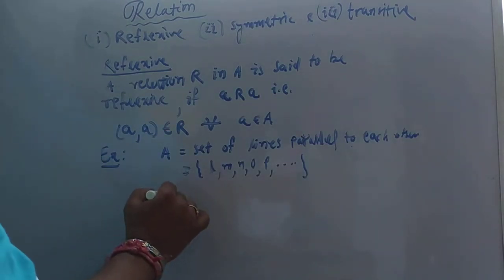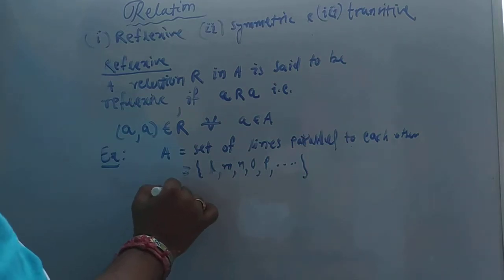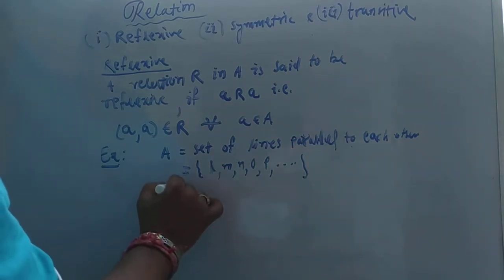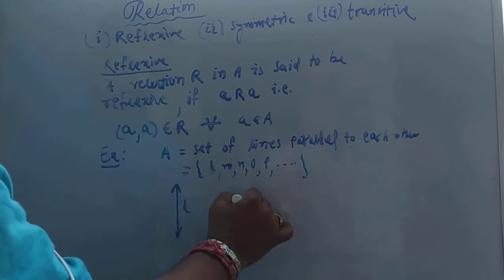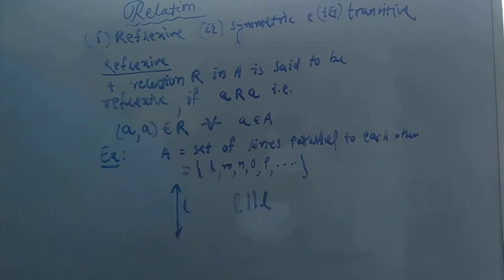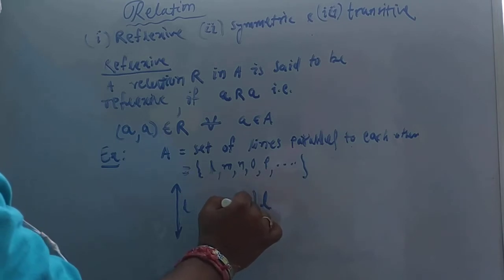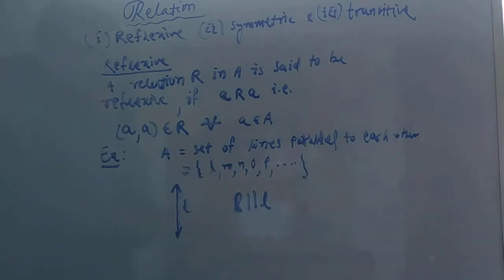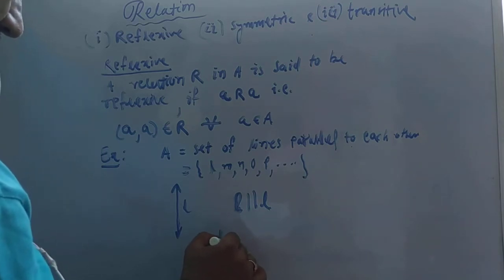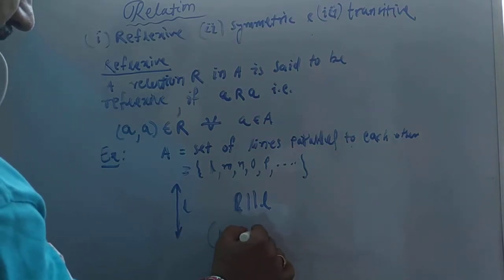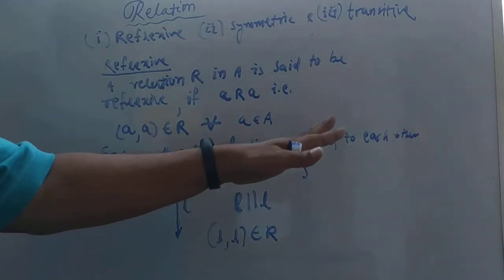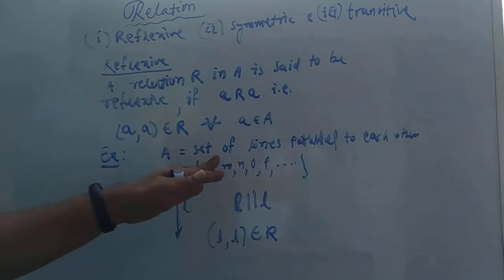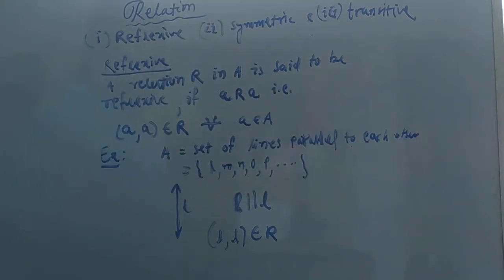We know that a line, suppose this is a line, okay, line L. We can write L is parallel to L, isn't it? Because every line is parallel to itself, so we can write that (L, L) belongs to R. Okay, once again I am repeating, set of lines parallel to each other. Okay, so L, M, N, O, P are the given lines.